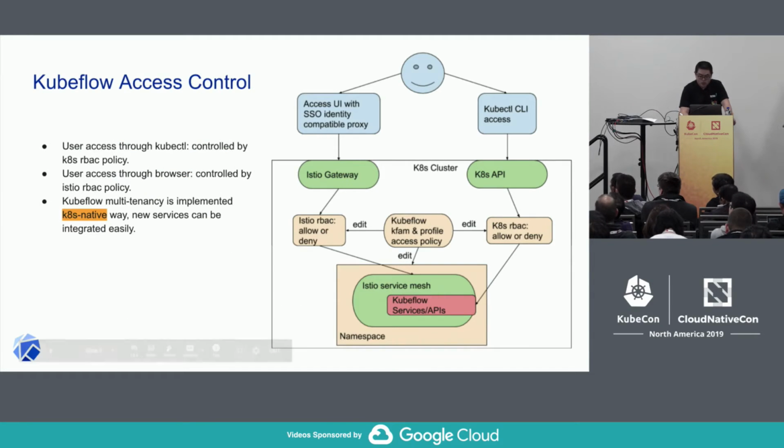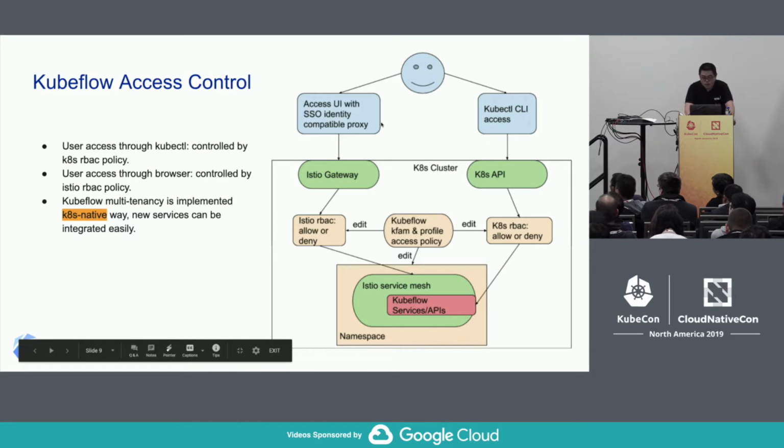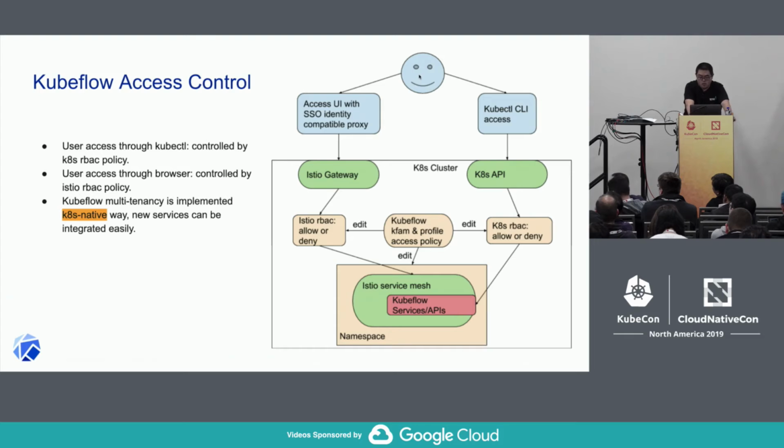So, a quick diagram explaining how it works. Imagine there are two ways a user can access the services within Kubernetes clusters. One way is definitely the most common, maybe through browsers, and another is through kubectl. They go through different endpoints.